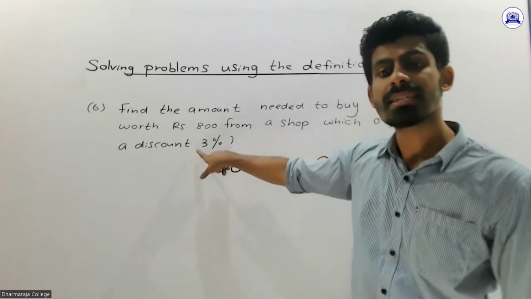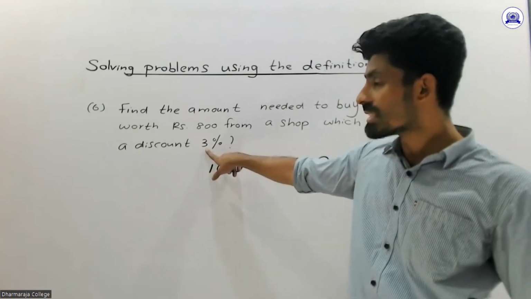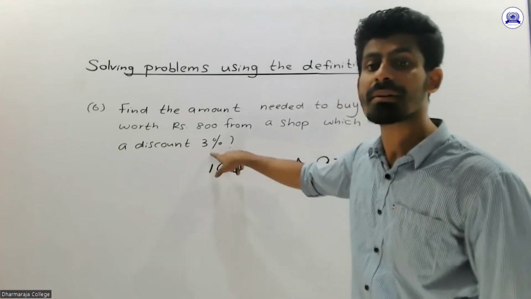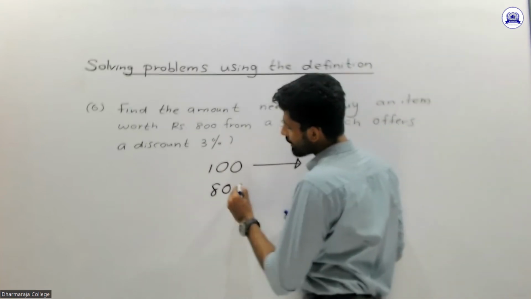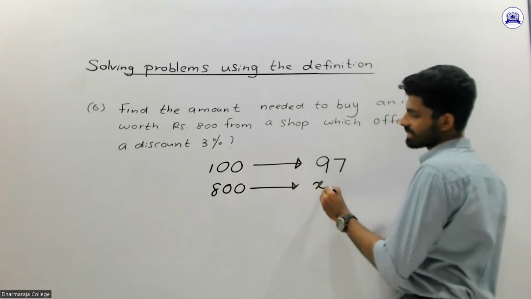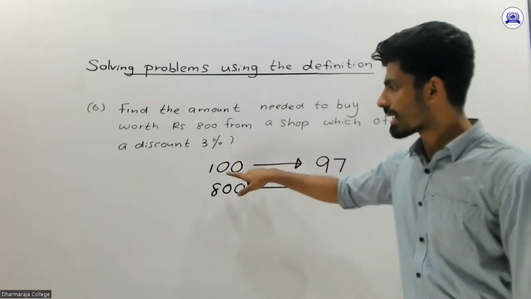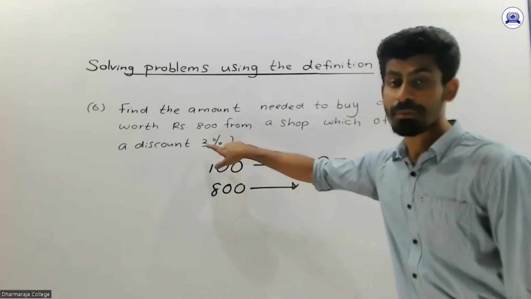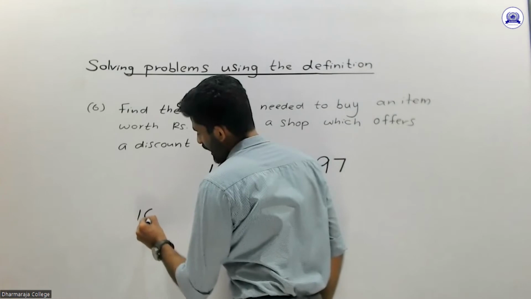Because for 100, they give a 3% discount. They will reduce 3, so 100 minus 3 is 97. We need to find that value for 800. That is the reason: 100 minus 3 equals 97. So you can find the answer.